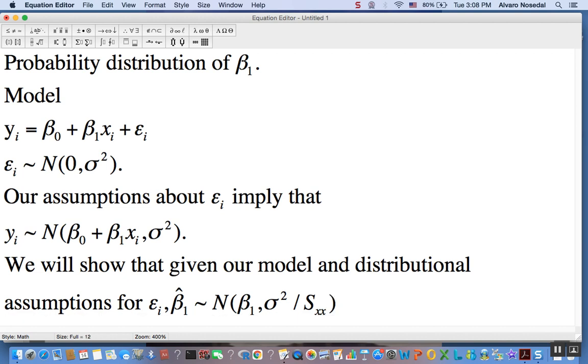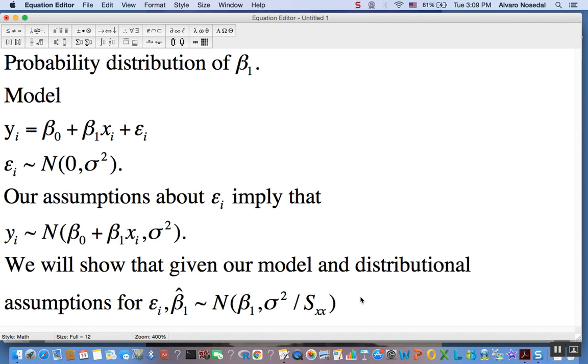Okay, so that's what we're going to be showing in this video. Now, why are we doing it? Well, in the near future, this result will be very useful to derive hypothesis tests and confidence intervals for this estimator, beta 1.